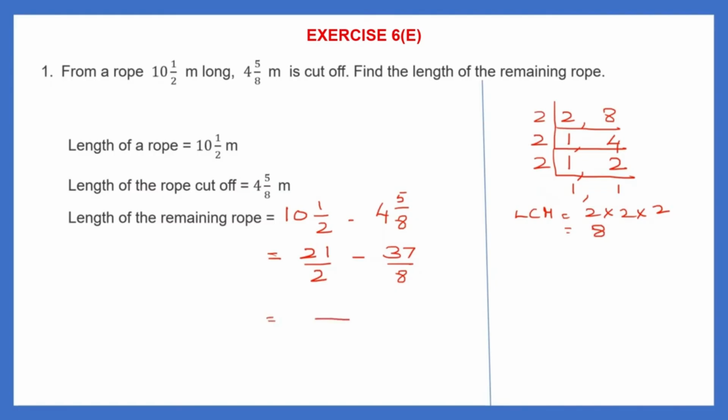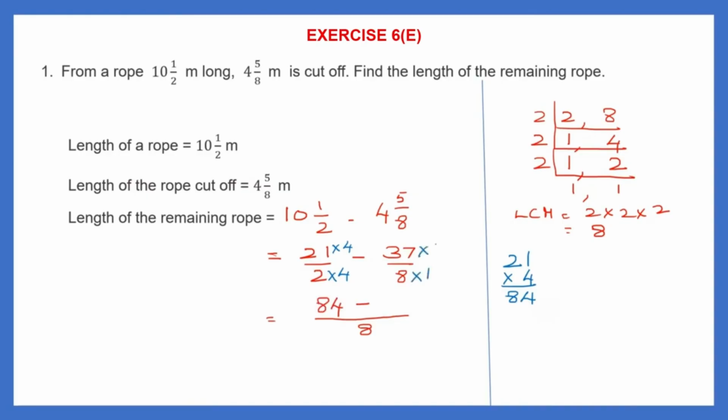We are going to find our new numerators. 2 fours are 8. So 21 into 4. Let's multiply and see. 21 into 4. 4 ones are 4, 4 twos are 8. So we get 84 minus 8 ones are 8.